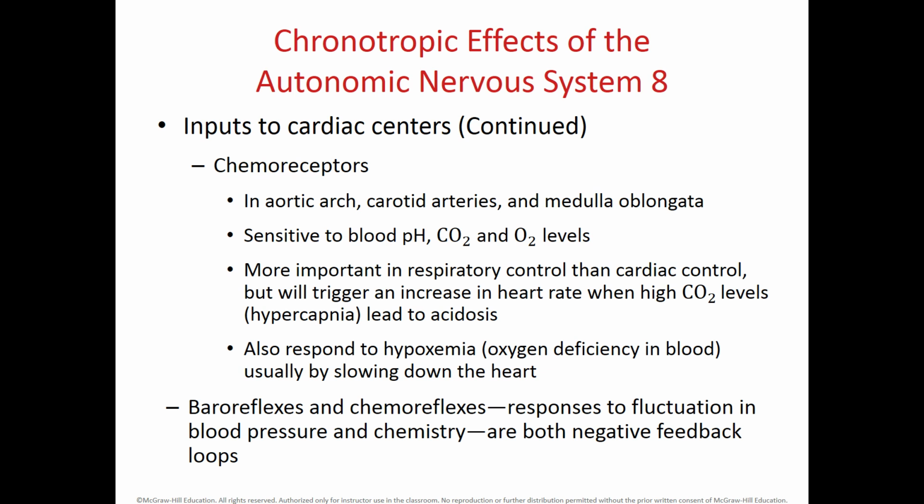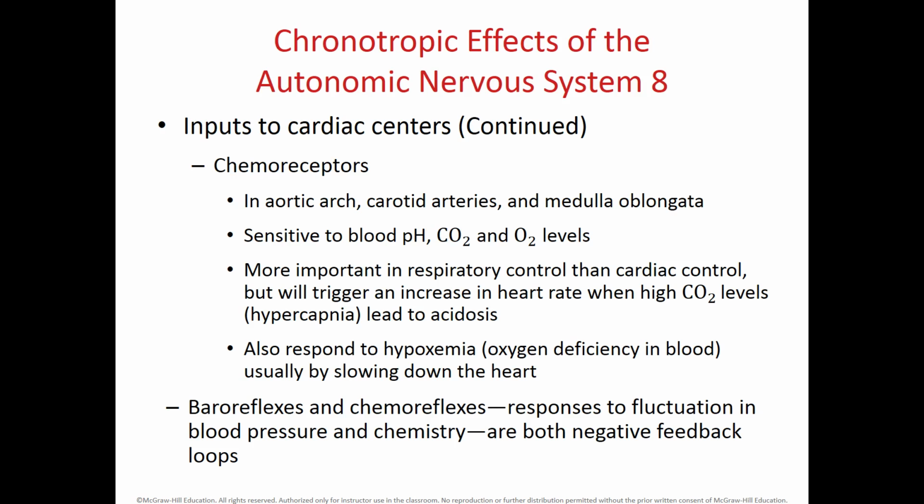So for instance, when you have high levels of CO2, or hypercapnia, you have acidosis. This will increase the heart rate and also the respiratory rate, so you can exhale that CO2 and then return to normal, neutral levels of pH.